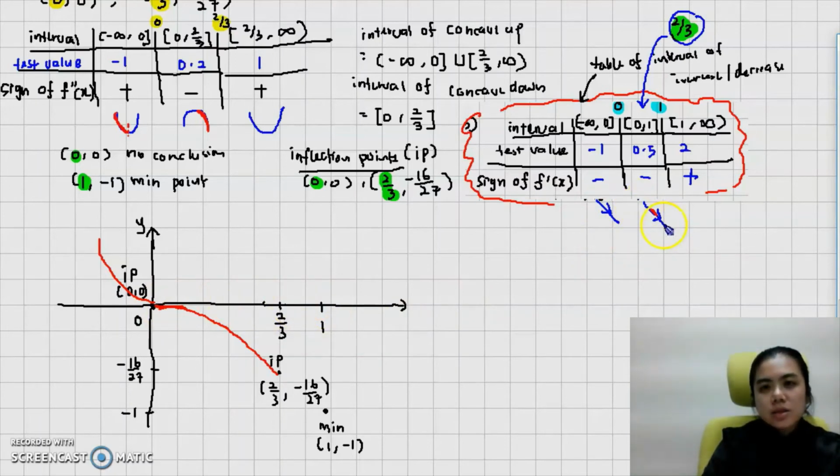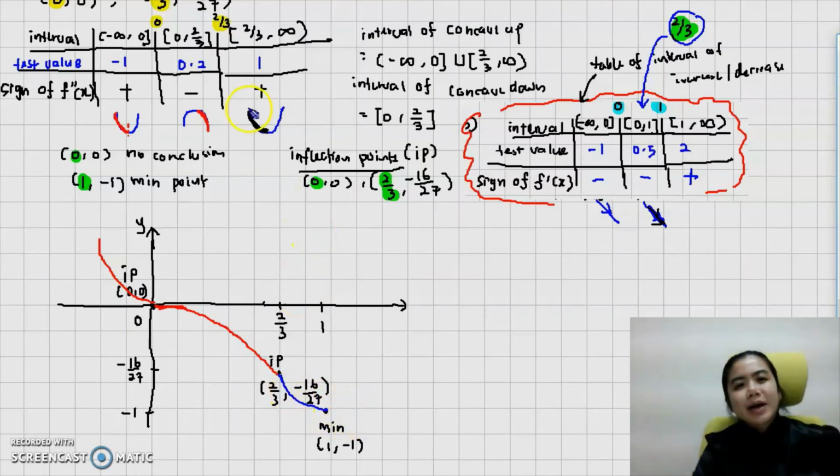It's still decreasing, but it's under concave up. So the part we should consider is at the half of this way. You have the concave up and you have going down. So we have here. It should be a smooth curve, but I didn't draw it nicely.